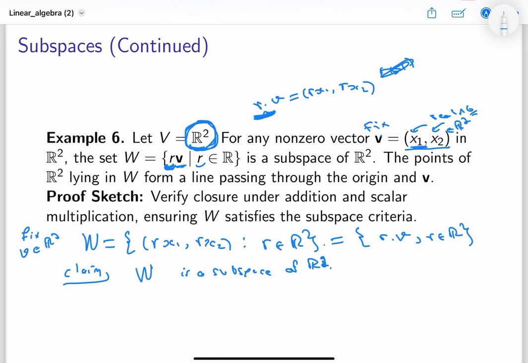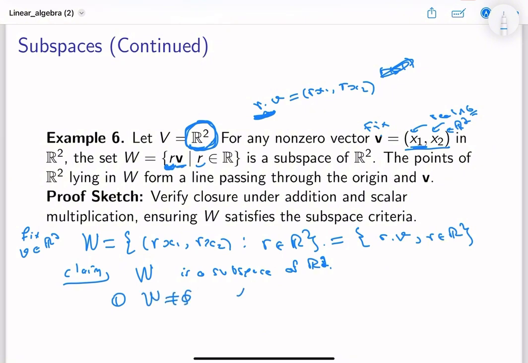So why is that? Why is omega a subspace of R2? Remember, by definition 2, we have to check two things. First, we have to check that it's non-empty, and second, we have to check that it's closed under addition and scalar multiplication. So let us do that. Well, first of all, omega is not empty. Why is that?